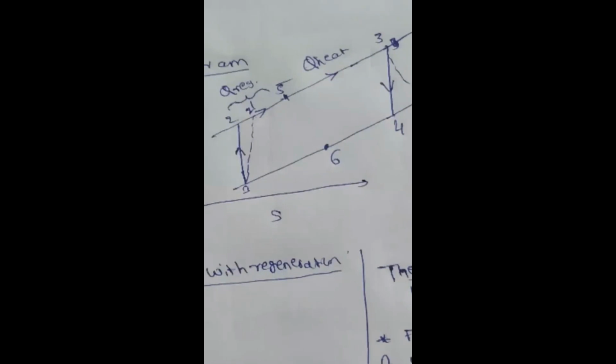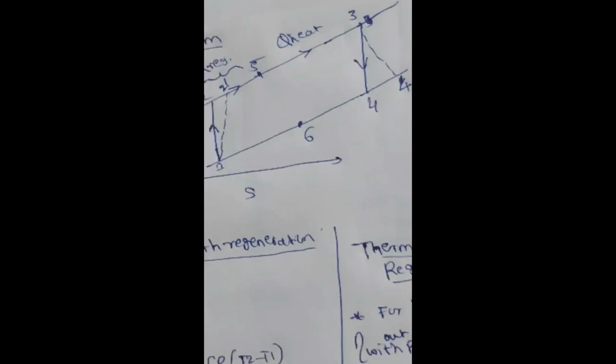Now you can observe the heat addition: from 2 to 3 the combustion chamber heat addition would be more, but with 5 to 3 the actual heat addition is less, so automatically you can save the amount of fuel addition. That means the regeneration efficiency improves, because the exhaust heat that would simply go out is recovered. That is, you are recovering the heat and saving the fuel.